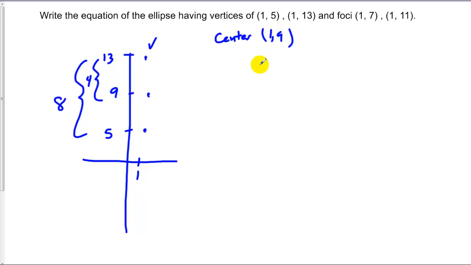I can begin to write my equation. Let's do that. I have x minus 1 quantity squared plus y minus 9 quantity squared equals 1. My biggest denominator is going to be under my y term, and that's going to be the length to the vertices squared, so this would be 16 here.